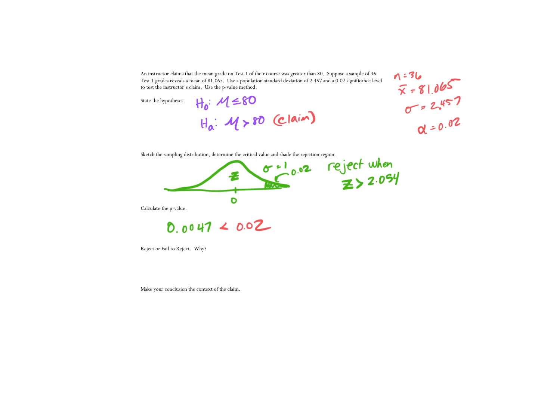You should probably start your conclusion. I like to start with the level of significance every time: with 2% significance, we can say the population mean test scores are higher than 80.